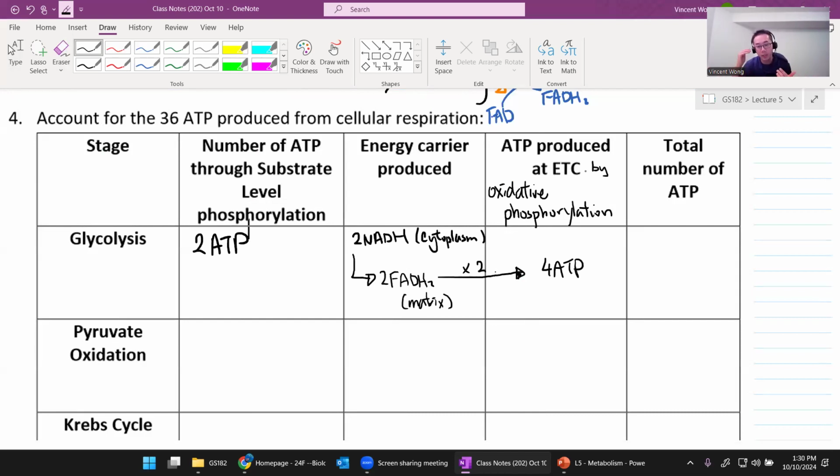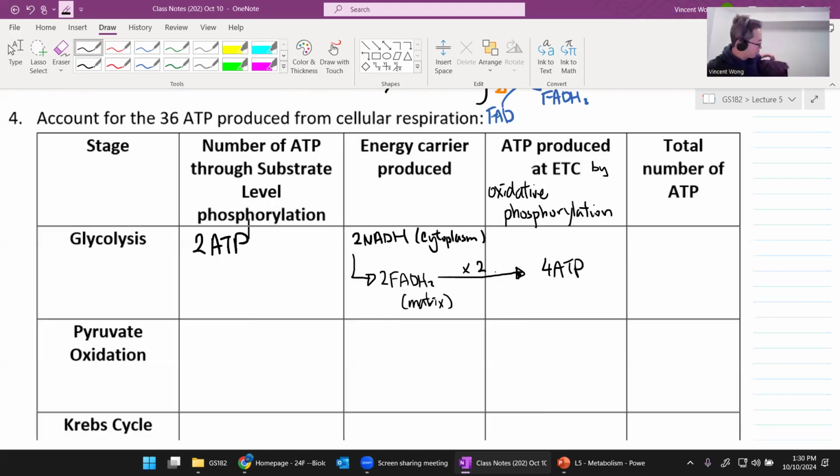In this case, we are adding the phosphate to ADP, diphosphate, to create ATP. And this is powered by oxidation reaction. Because where did you get those high energy electrons? We got them by oxidizing glucose, right? So that's why it's oxidative phosphorylation.